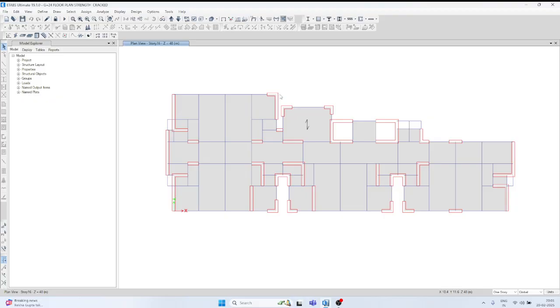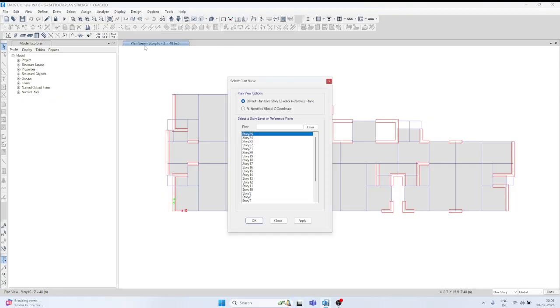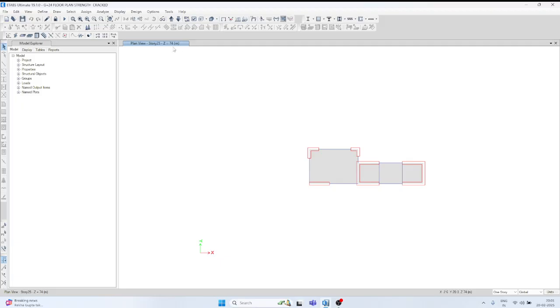Suppose for this structure we go to the top level and check the total height, which is here 74 meters. So 74 into 1000, we have to bring it into mm, so you multiply meters by 1000.